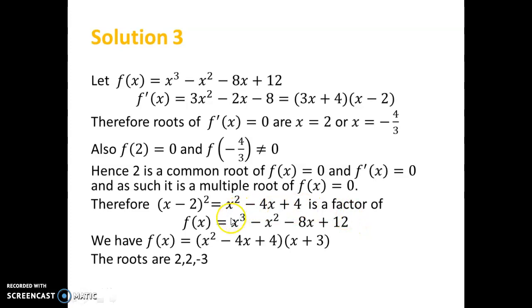Now we can divide the given polynomial function by x square minus 4x plus 4, then we will get another factor x plus 3. Then f of x can be written as x square minus 4x plus 4 into x plus 3. So from this expression you will get the double roots 2 and 2, and from this factor you will get another root minus 3. So the roots of the given polynomial function are 2, 2 and minus 3.